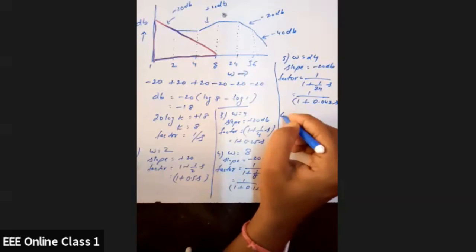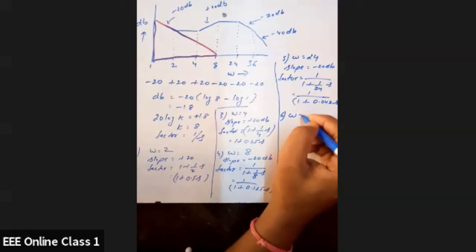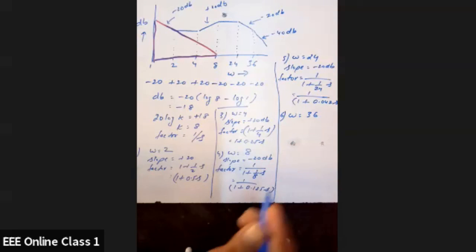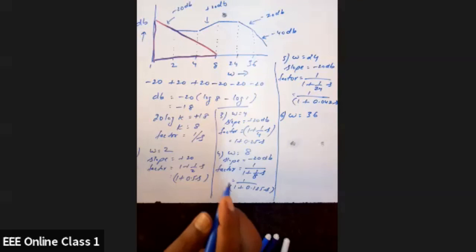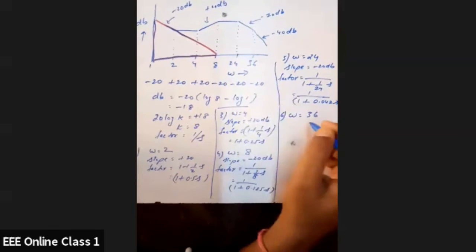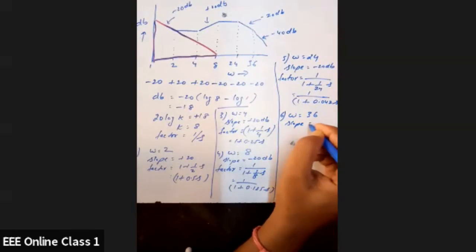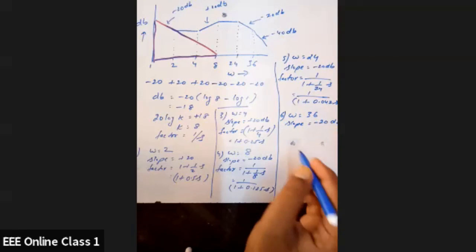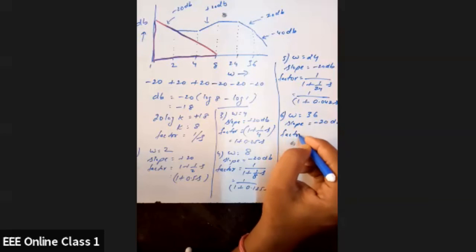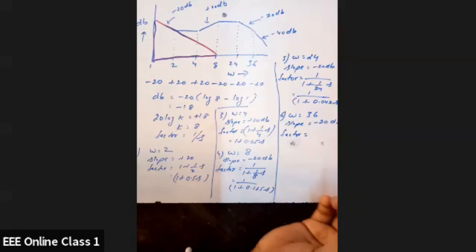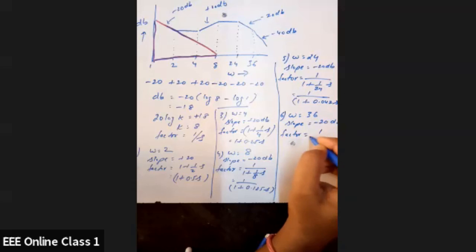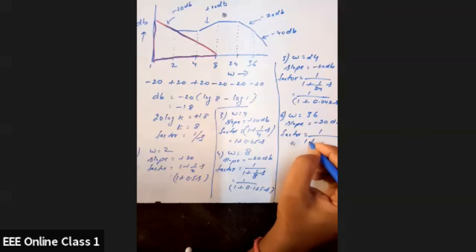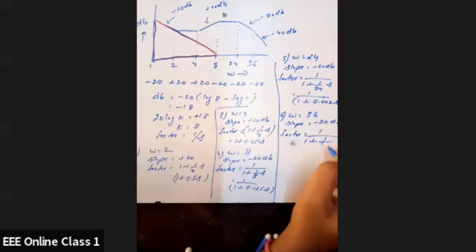Now last factor, when omega is equal to 36, my slope is minus 20 dB. So factor is equal to, since it is minus 20, 1 by 1 plus 1 divided by 36 s.